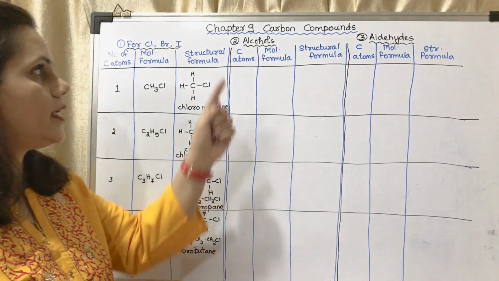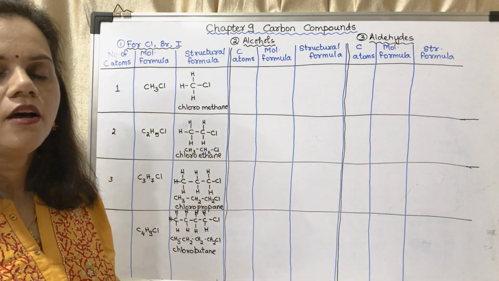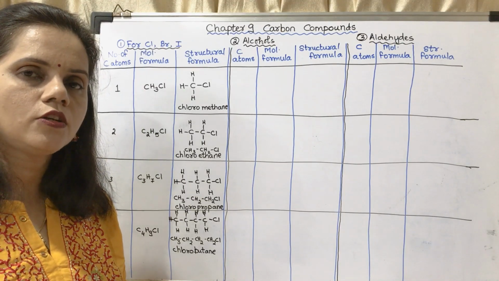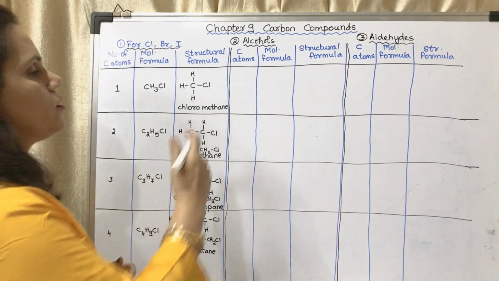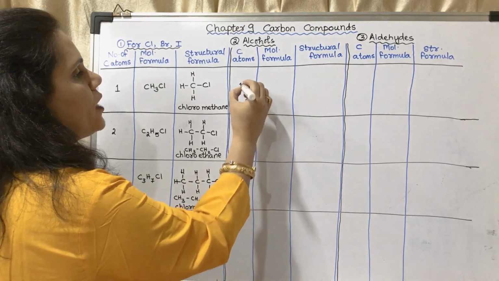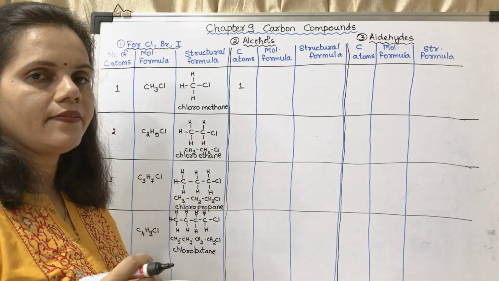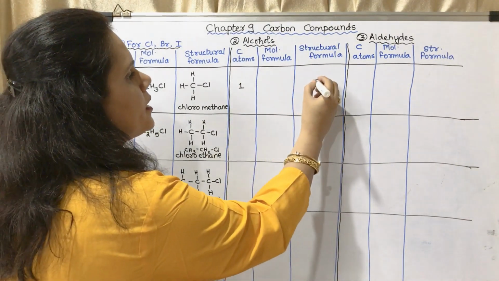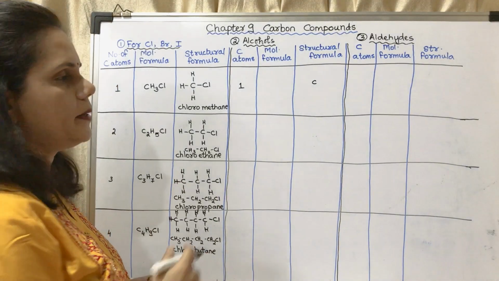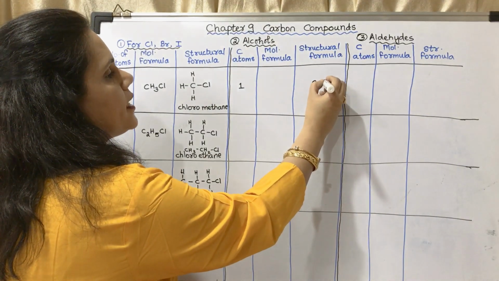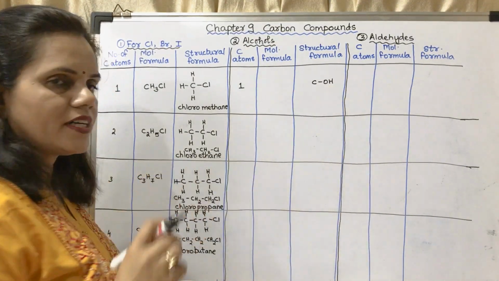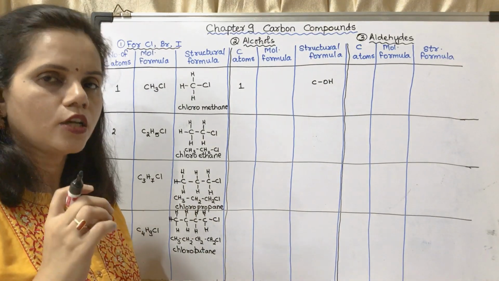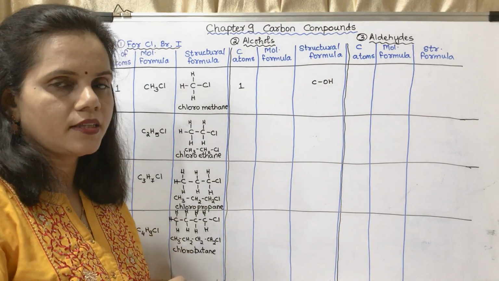Now we may move on to the next, that is alcohols. For alcohols, what is the functional group? It is OH. So first we will see with the number of carbon atoms 1. That means it is having 1 carbon atom. On one side there is OH. First draw the functional group, then go for the other part.